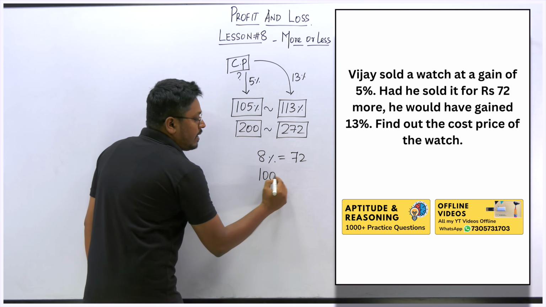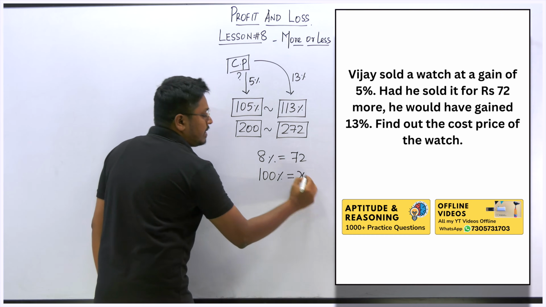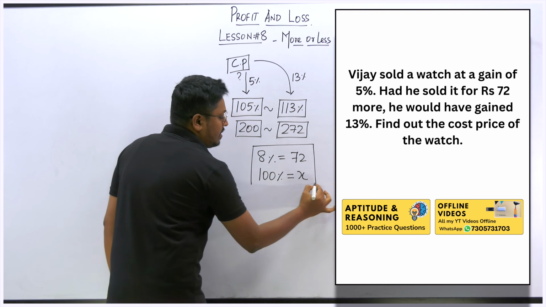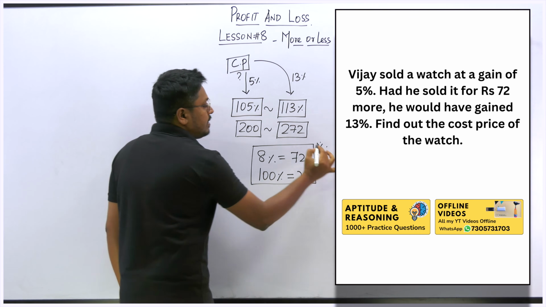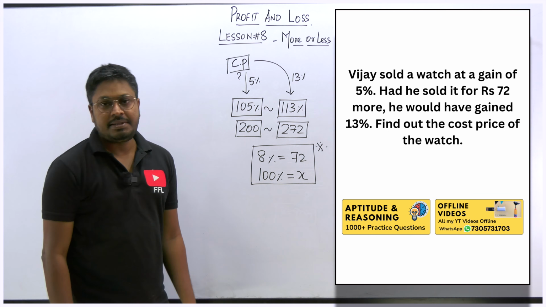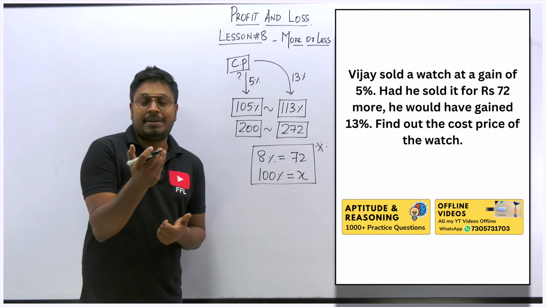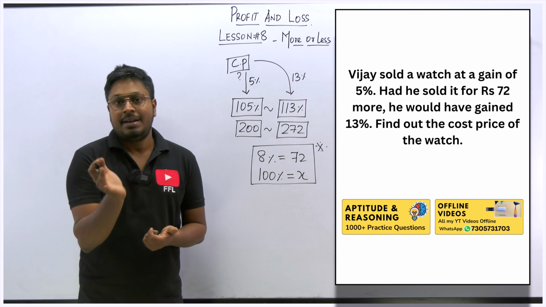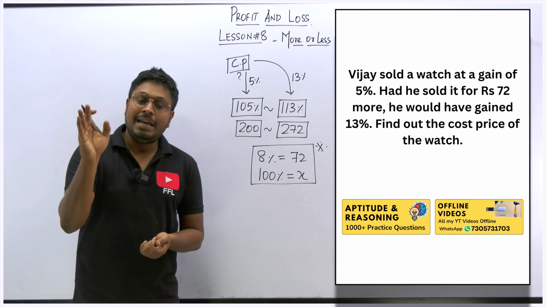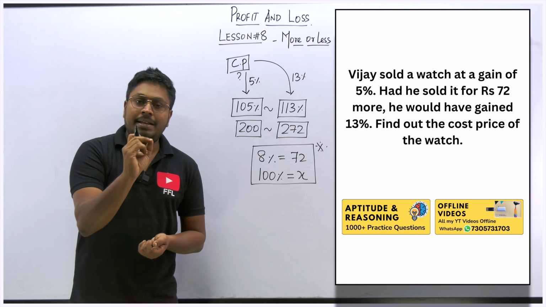So our target is to find the cost price. 100% is equal to X. Once you write this step correctly, then solving the complete question is very easy. So friends, understood or not, right? The selling price of the watch is at 5% profit, but we don't know the price. In case he sells the watch with a gain of 13%, he is getting 72 more.